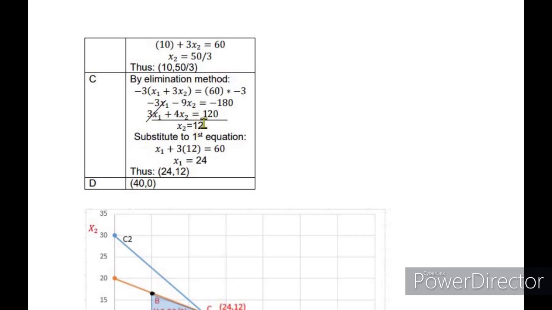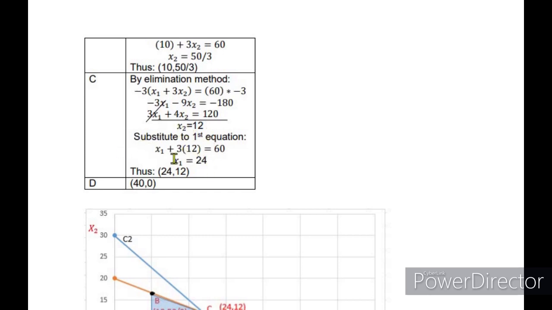So what is left is x sub 2. So negative 9x sub 2 plus 4x sub 2 is equal to negative 5x sub 2. So it is being shortcut here. So here negative 180 minus positive 120 is negative 50. So negative 50 divided by negative 5 is equal to positive 12. That's why x sub 2 is positive 12.